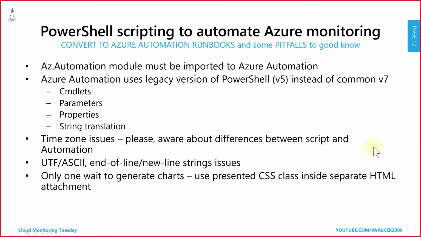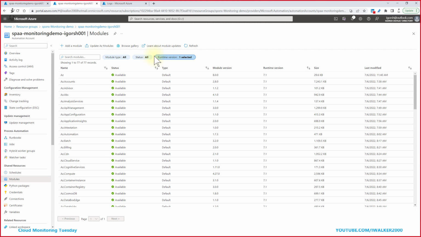As I mentioned before, the Azure Automation module must be imported to Azure Automation if we need this. Azure Automation again provides two versions, PowerShell version 5 and PowerShell version 7. You have to understand that PowerShell version 7 is still in preview.